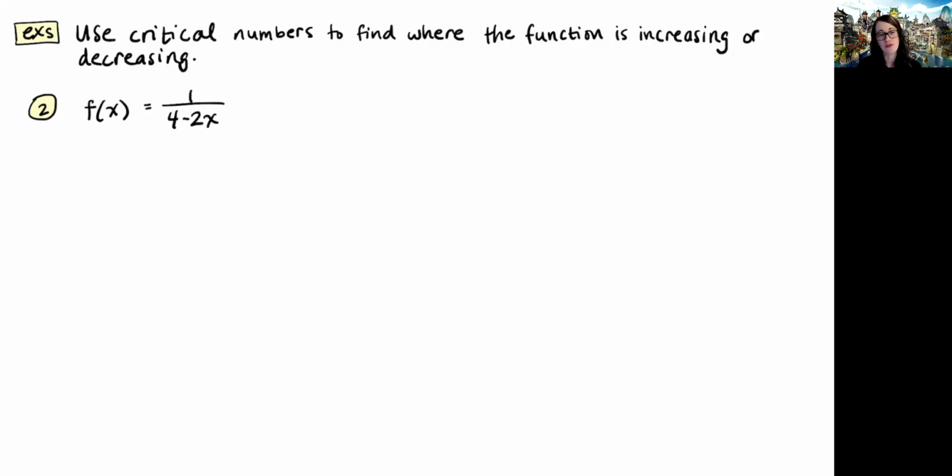Now, all the derivative rules that we've learned so far still are necessary from here on out. For the rest of the semester, we will need those derivative rules. So finding the derivative of something like this, it is a quotient, and it would not be wrong to use the quotient rule on this. However, the numerator of this quotient is a number. There's no variable in the numerator.